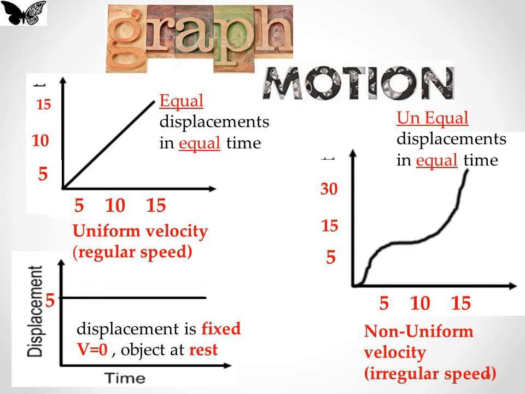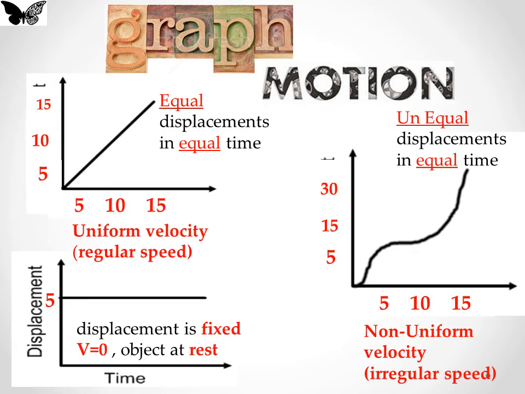But in the third graph, you made a displacement until you reached 5 meters and then stopped moving. Stopping moving, this means there is no speed. No speed, this means velocity is 0, and your displacement is fixed because the object is at rest. You stopping doesn't mean that the time stops.